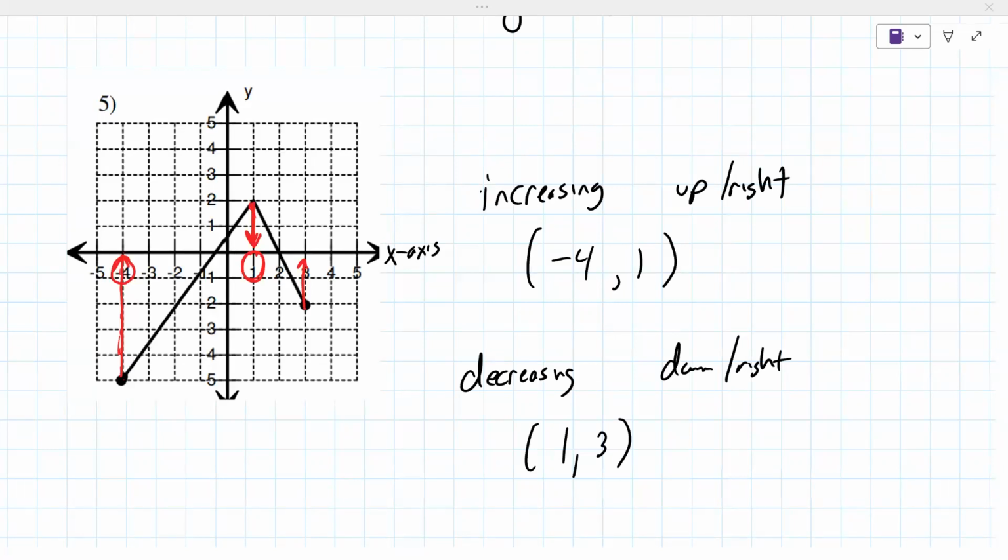All right, let's look at another graph here. I actually thought that would go better. So let me grab a blank graph. I think this will work.